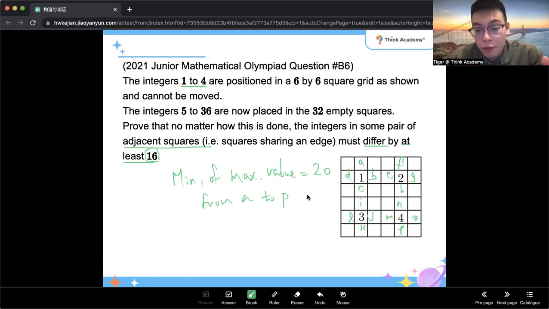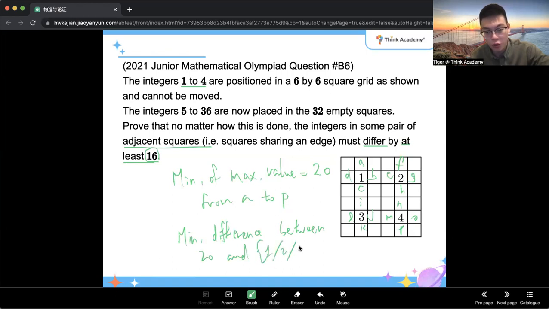So if the minimum of the maximum value is 20, it means the minimum difference between 20 and 1, 2, 3 or 4 is definitely 16, which is equal to 16 already.